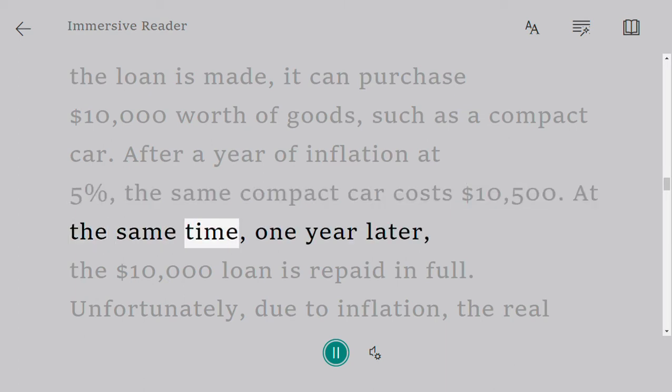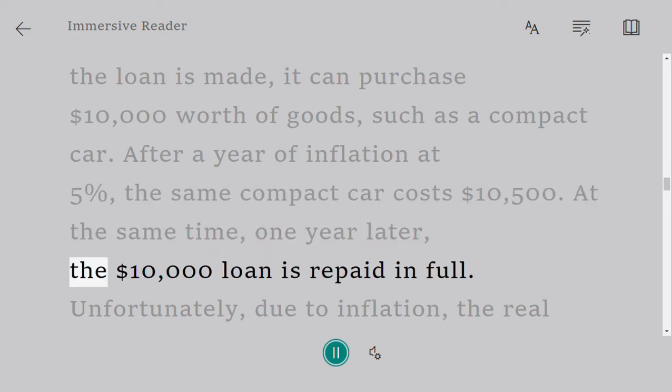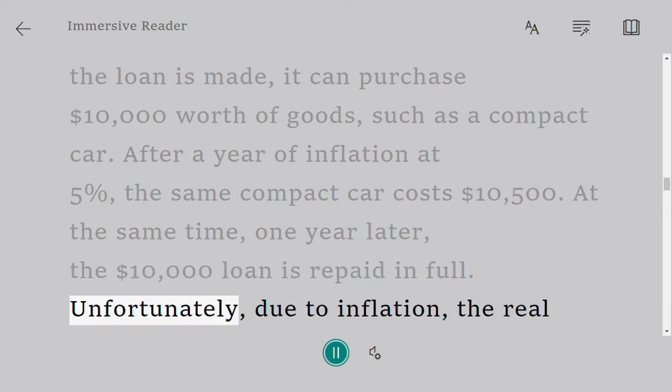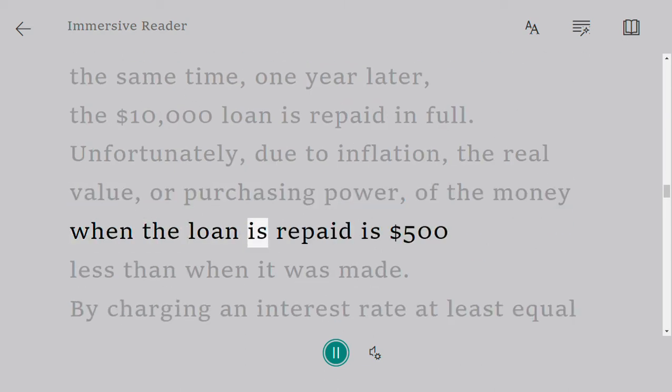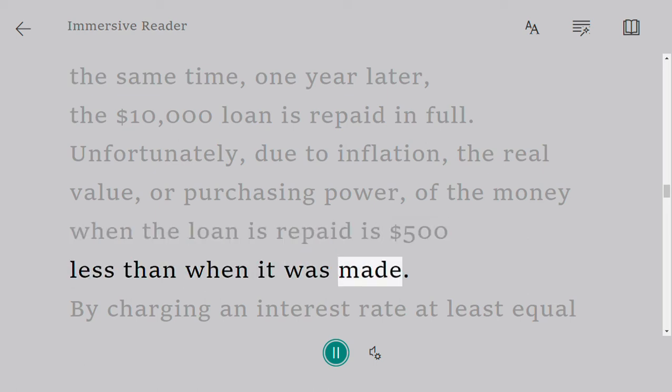At the same time, 1 year later, the $10,000 loan is repaid in full. Unfortunately, due to inflation, the real value, or purchasing power, of the money when the loan is repaid is $500 less than when it was made.